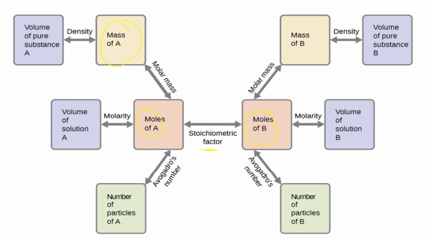From mass of A, if you want to find the volume of a pure substance A, you times the mass by the density to find the volume.